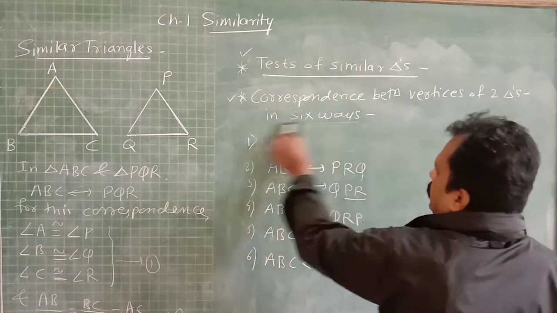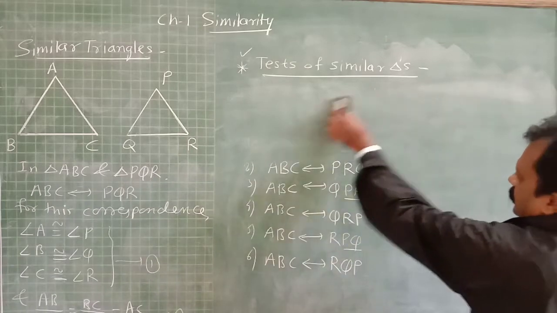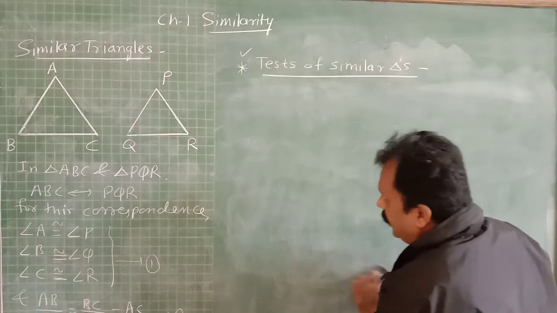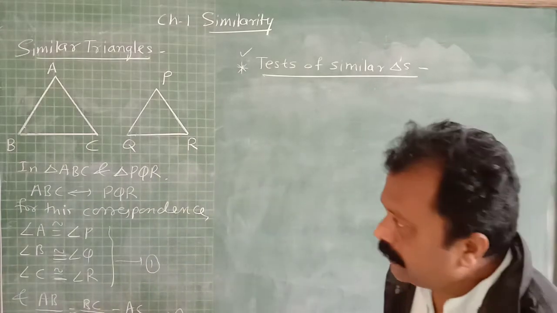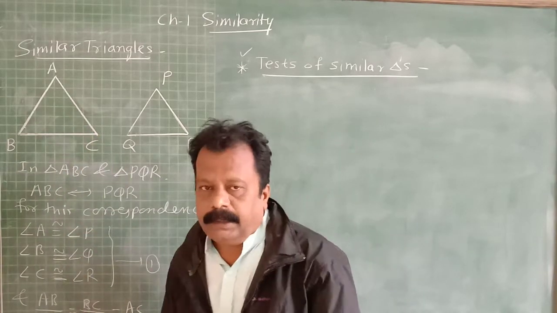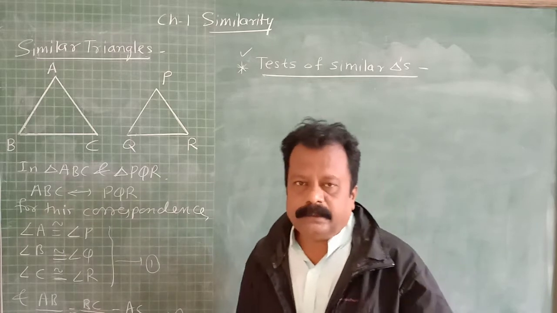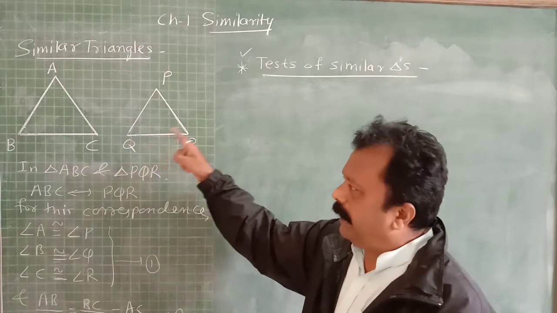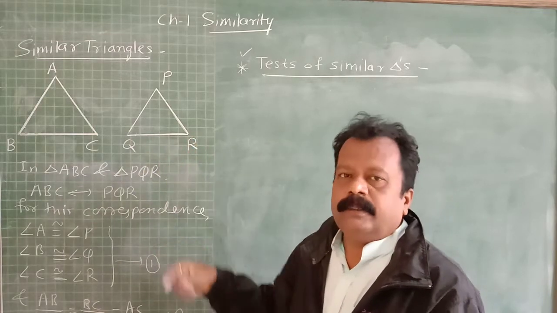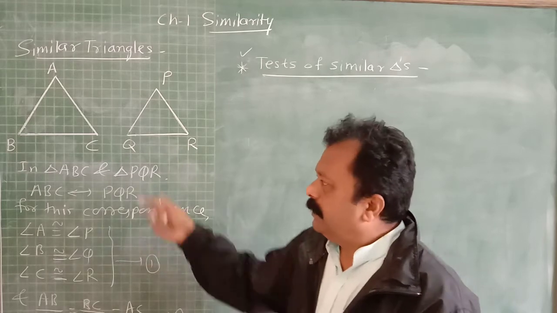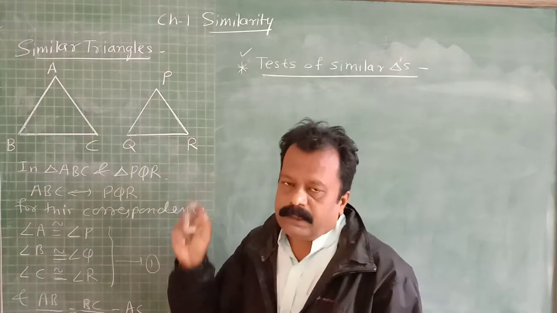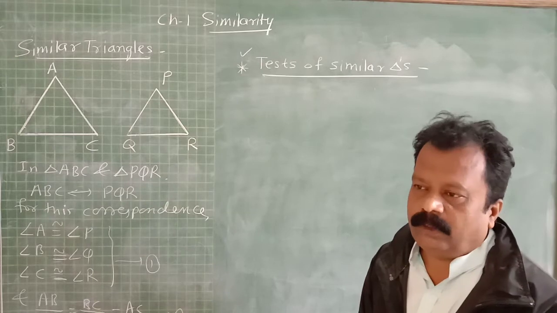Now this is about correspondence between vertices of two triangles. Now, when are two triangles similar? A triangle has 3 sides and 3 angles. So given two triangles, the 3 sides of one triangle and the 3 sides of the other triangle must be in proportion. The 3 angles of one triangle and the 3 angles of the other triangle must be congruent.